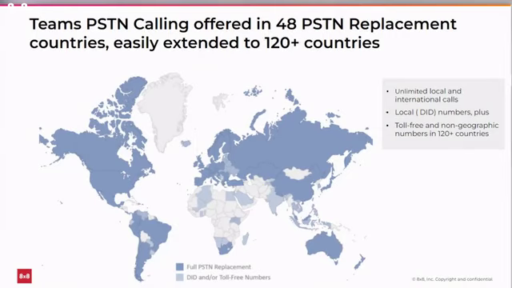We also offer local DIDs plus local toll-free and non-geographic numbers in over 120 countries. And when you add an 8x8 voice gateway, you can extend the PSTN calling to those 120 countries and get the most out of your Microsoft Teams deployment. This makes it especially suitable for organizations with hundreds or even thousands of users dispersed globally.